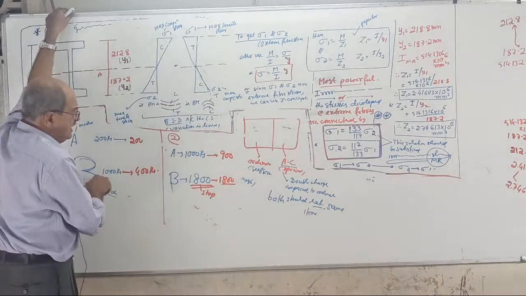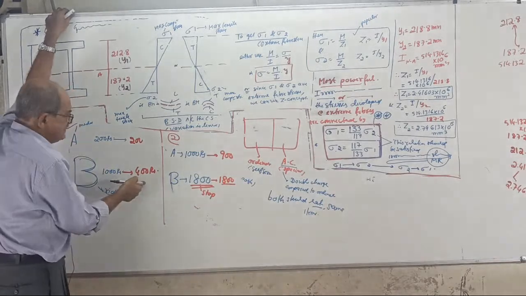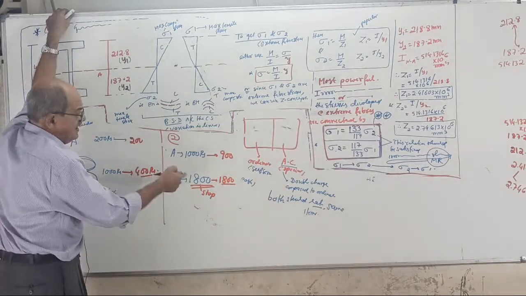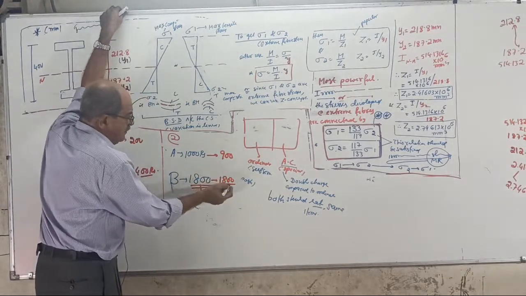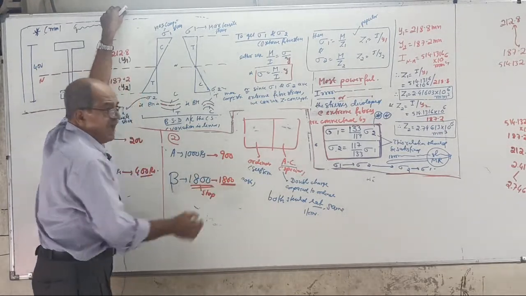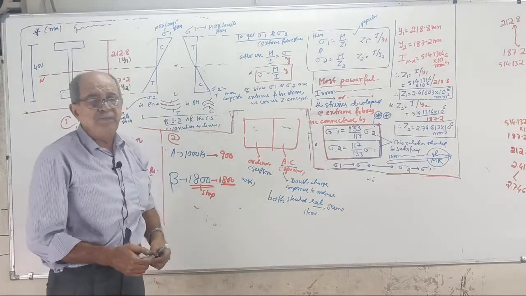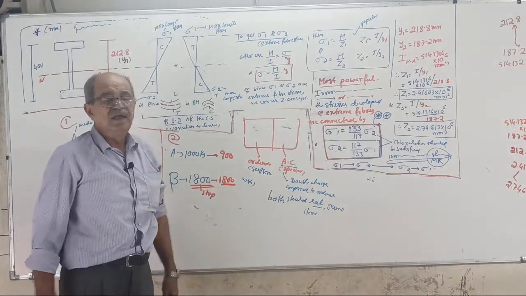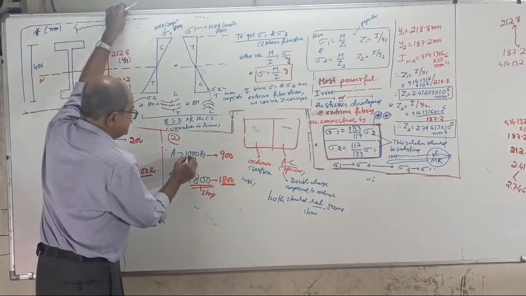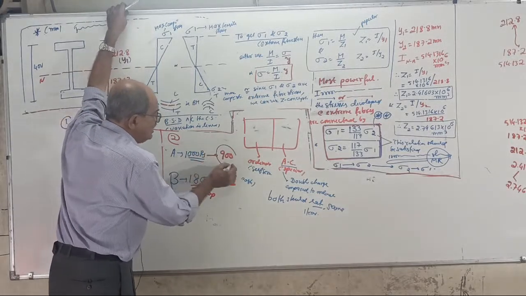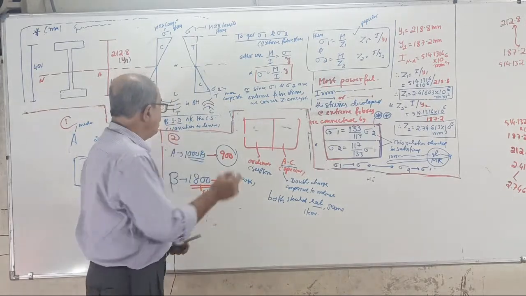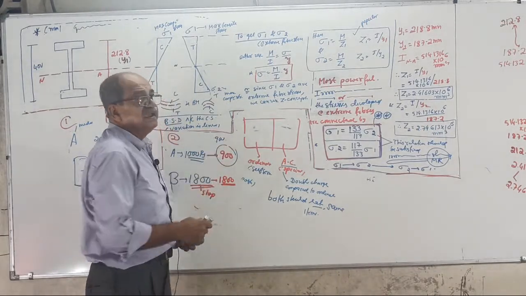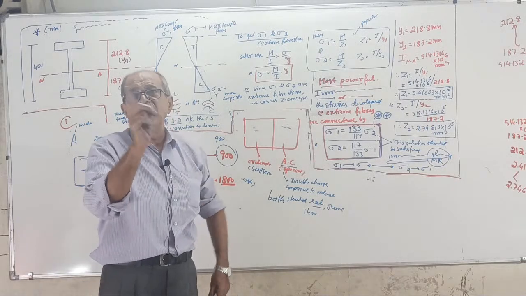B had 1,000, he could not spend 1,000, he spent only 400. Here, A has 1,000, B has 1,800. The maximum bill B can pay is 1,800. A, even though he has 1,000 rupees, should not eat more than 900. So the limit for A will be only 900. He cannot use the full money with him.